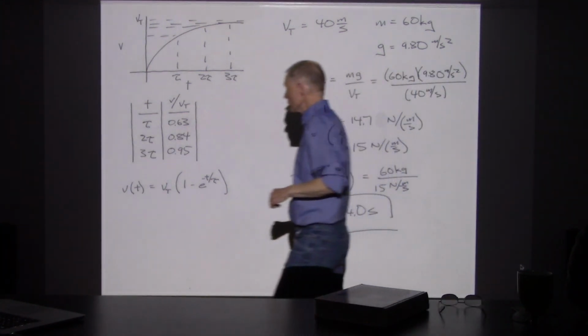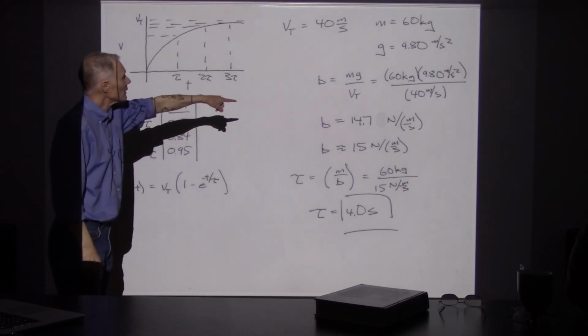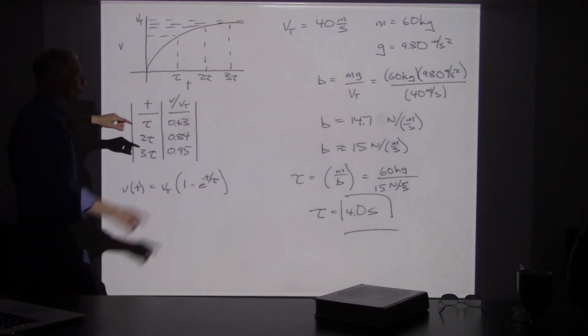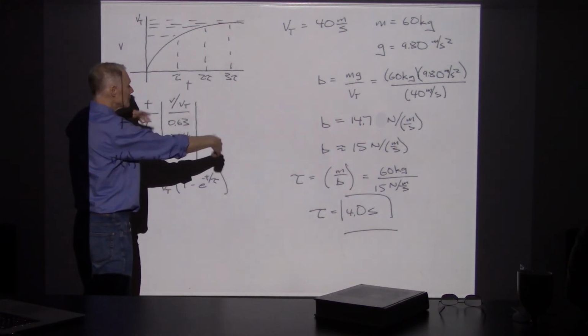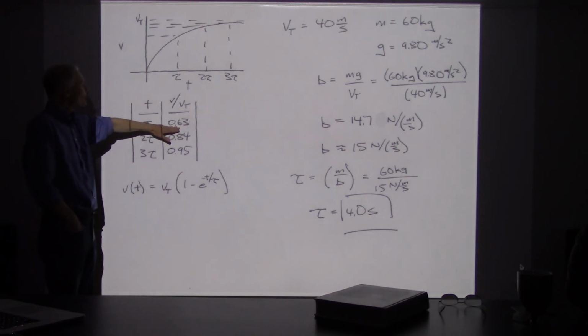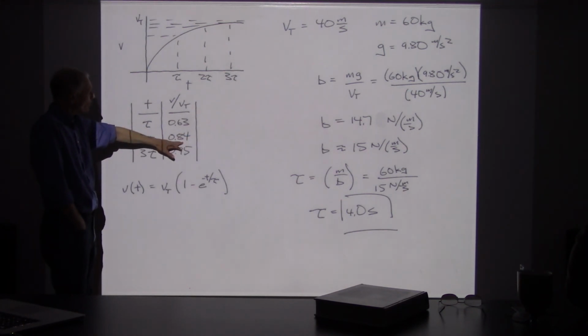So what it says is, for this skydiver, the terminal velocity is 40 meters per second. And after 4 seconds have gone by, how fast are we traveling? Well, we're traveling at about 63% of that, so 6 times 4 is like 24, 25 meters per second. And then after 4 additional seconds, we're going 30, 35 meters per second.